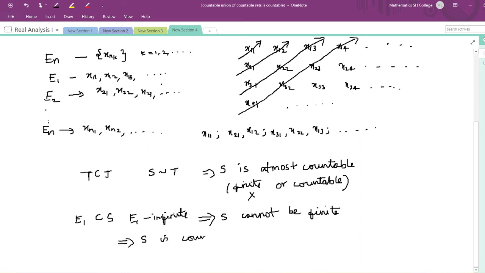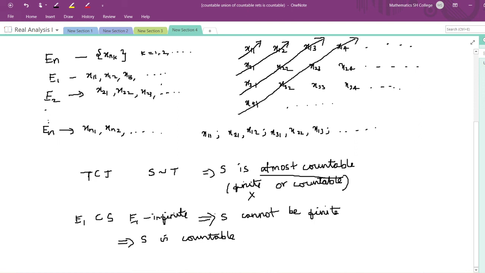Earlier we got that it is at most countable, meaning either finite or countable. Then we have shown that it is not finite because it has an infinite subset. So S is countable.